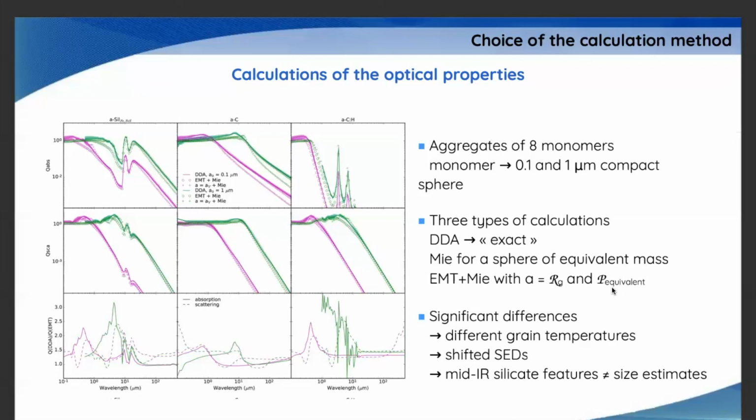But even when you try something a bit more clever, you always have differences. Sometimes it's not bad at some wavelengths: the clever sphere is not so far from the real aggregate in the far infrared. But in the visible, and I don't even plot the UV here, it's different. If you don't have the same visible extinction, your grain cannot have the same temperature, so again you change your SED.